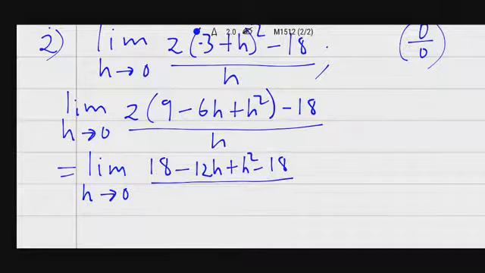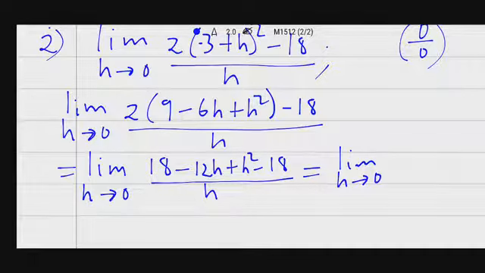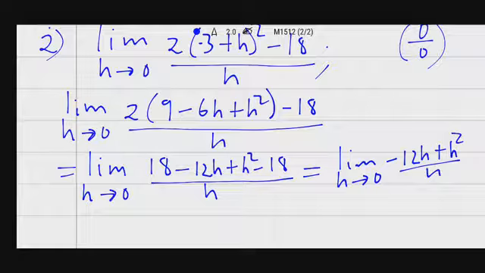It still needs to be divided by h. So if you do that, eventually you have the limit as h goes to 0, then you have minus 12h plus h squared over h.